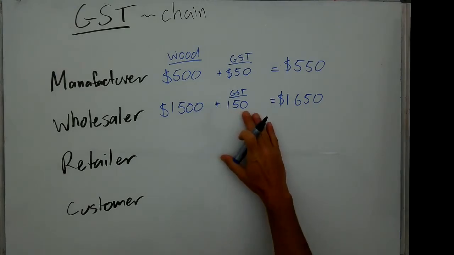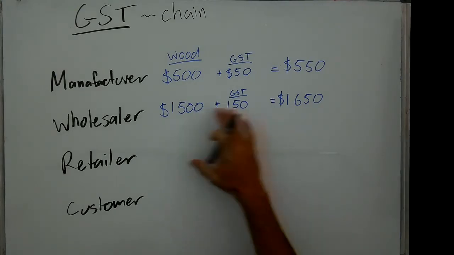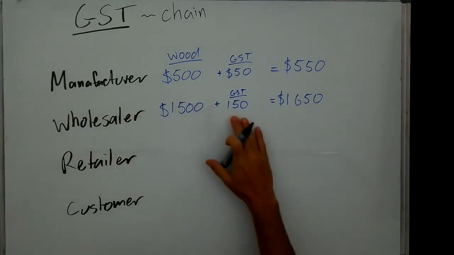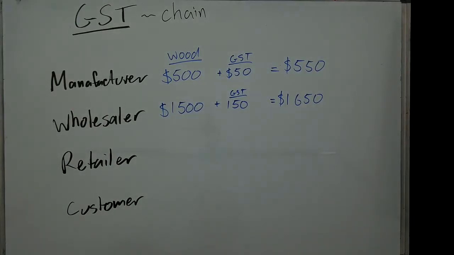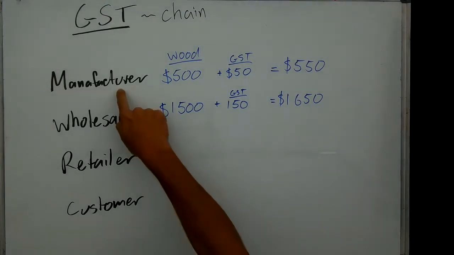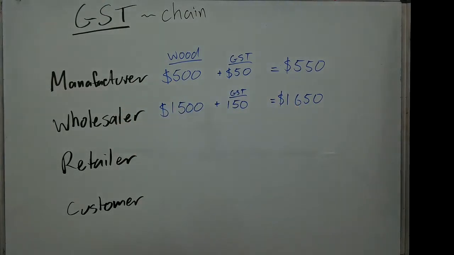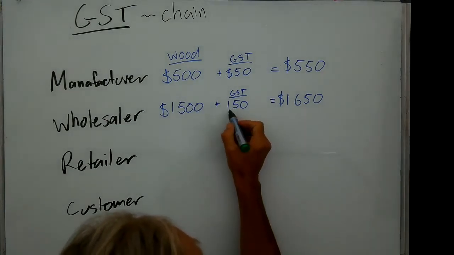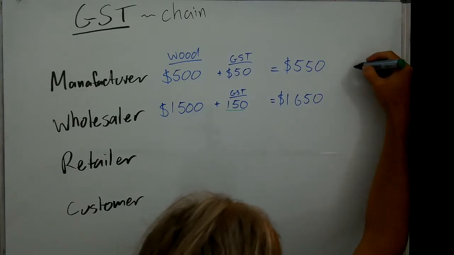Okay, so what happens now is the manufacturer has collected $150 GST on behalf of the government. And when the manufacturer receives this money, they would take this 150 and put it into a separate account.